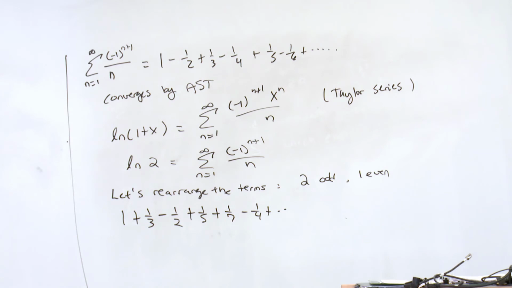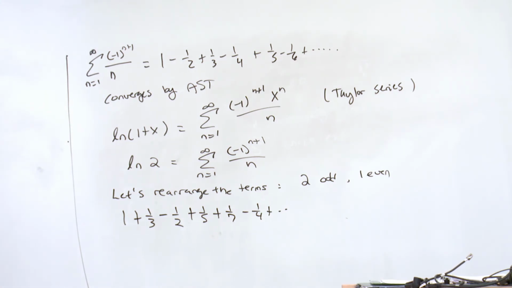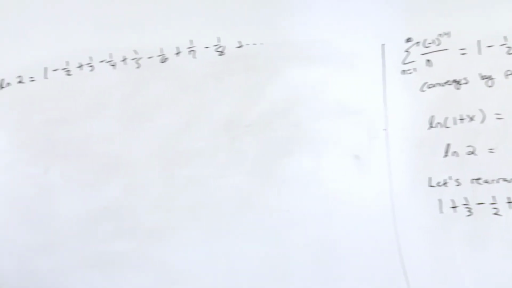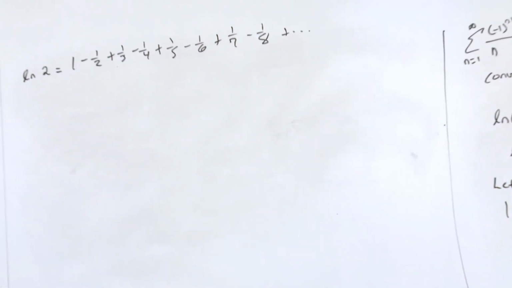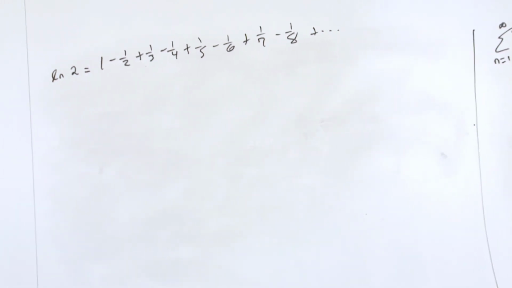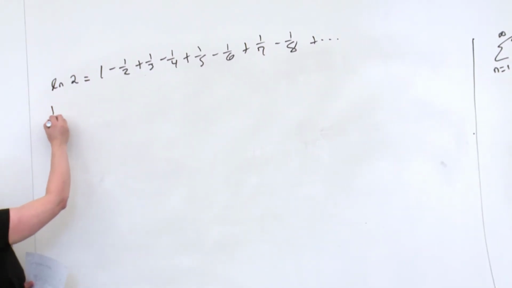So ln of 2 is what we started with. 1 minus a half plus a third minus a quarter plus a fifth minus a sixth. Give you a couple more. Okay, and now I'm just going to divide all of these things by 2.